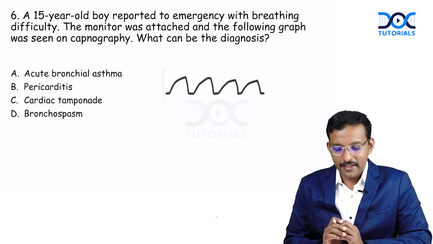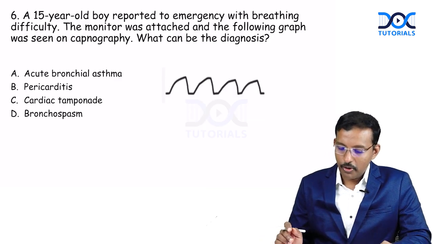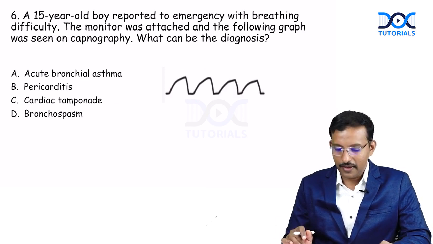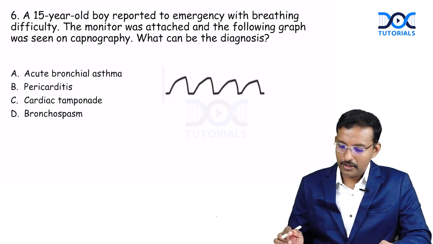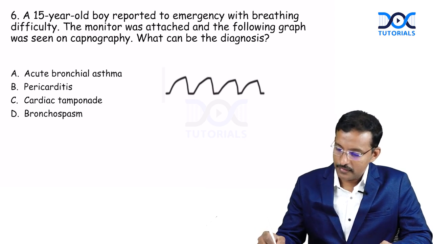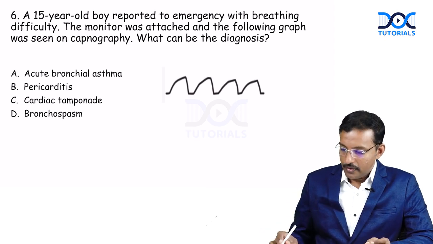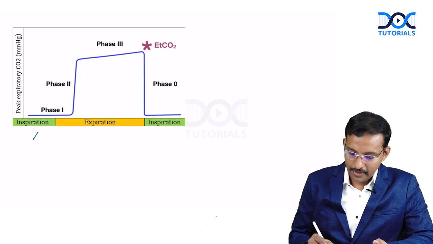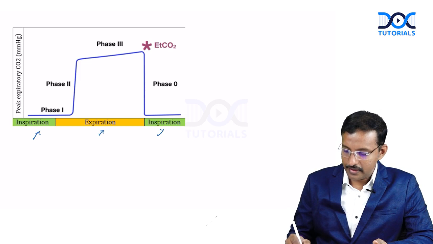The next question is about a 15-year-old boy reported to emergency with breathing difficulty. He has got a breathing difficulty, and on the monitor attached, the following graph was seen in capnography. What is the diagnosis? Okay, the graph of this pattern, they are asking what is the diagnosis. If you recollect, see this diagram, we have an expiration and then an inspiration.